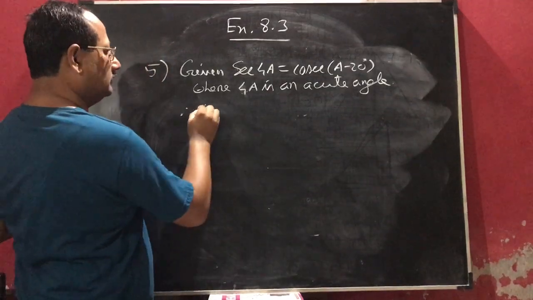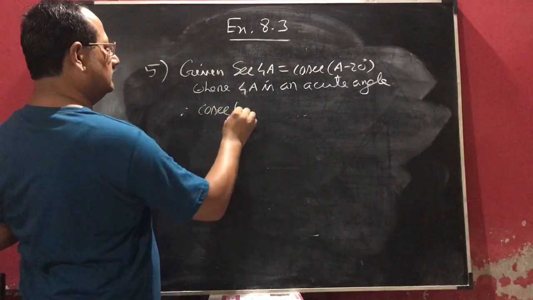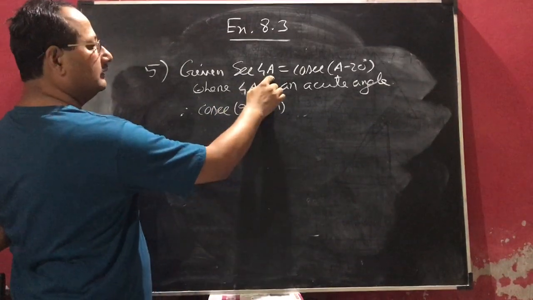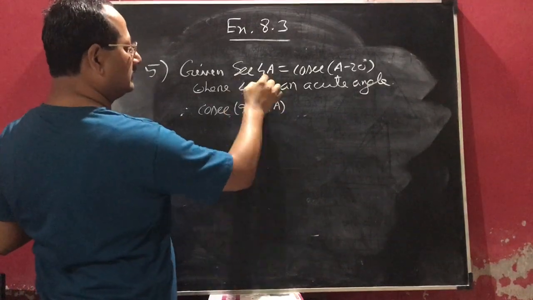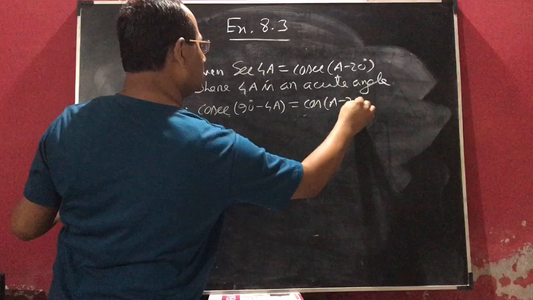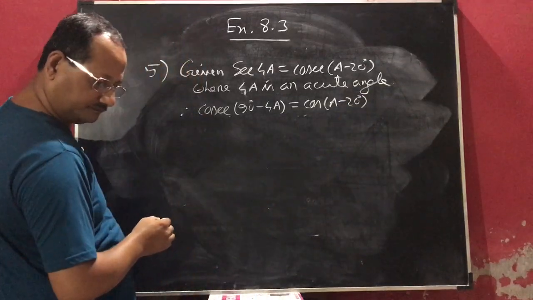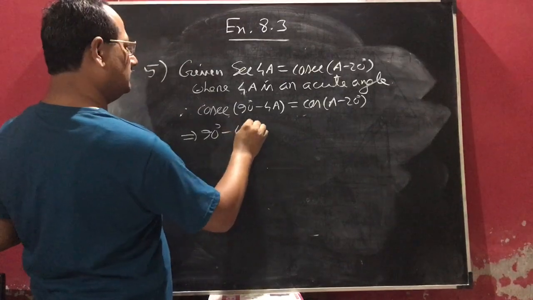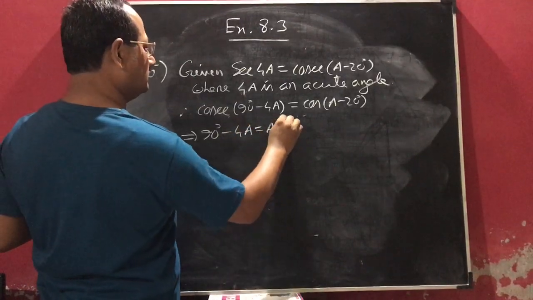So therefore, cosec of (90 minus 4A) is equal to sec 4A. 90 minus theta, sec theta, cosec of (A minus 20 degree). That is 90 minus 4A equal to A minus 20 degree.